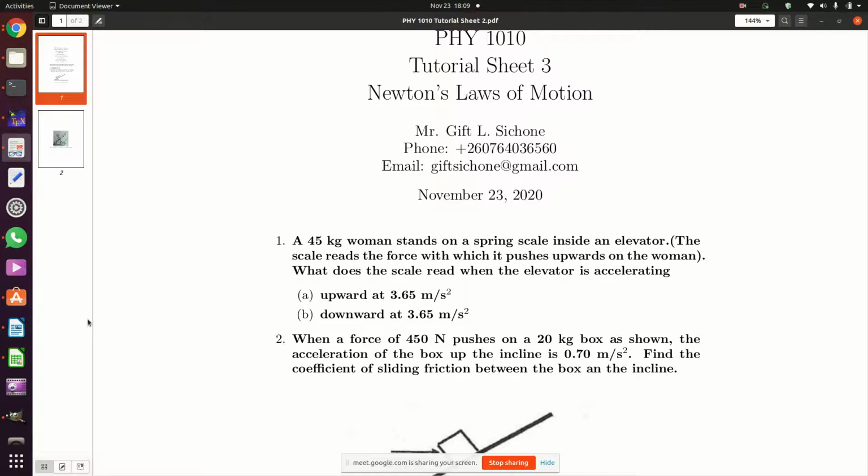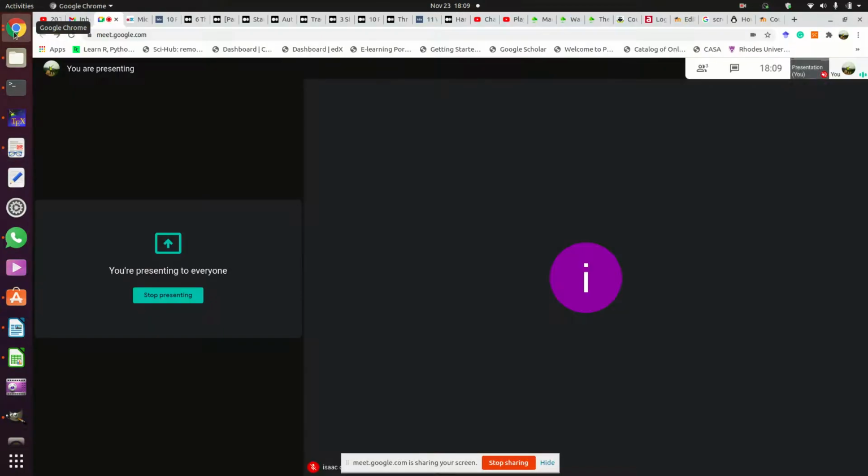That means she has got weight. The weight of this woman is 45 kg times 9.8 meters per second squared. That's the size of the weight. The weight of this woman points downwards. Always. The weight of anything points down.